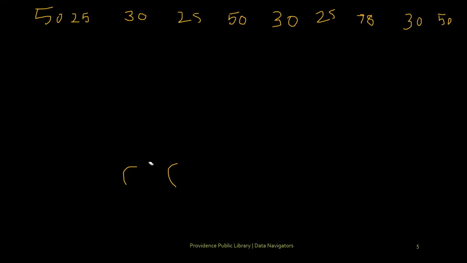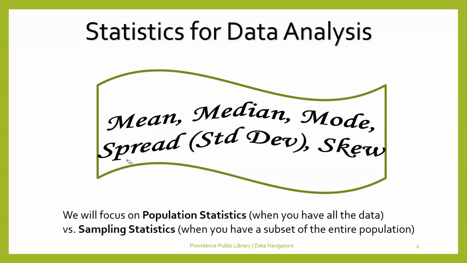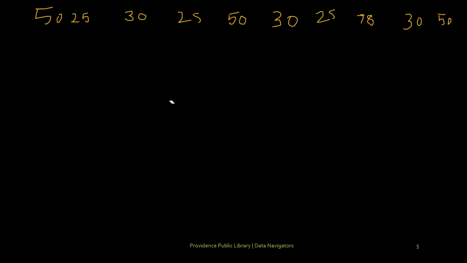If it is an even number, add the middle two numbers and divide by 2. That is median. Mode is the often repeating data in the data set. So that is mode. Good so far? Next is spread. We'll look at that later. And another one is skew. We'll look at that in another spreadsheet.